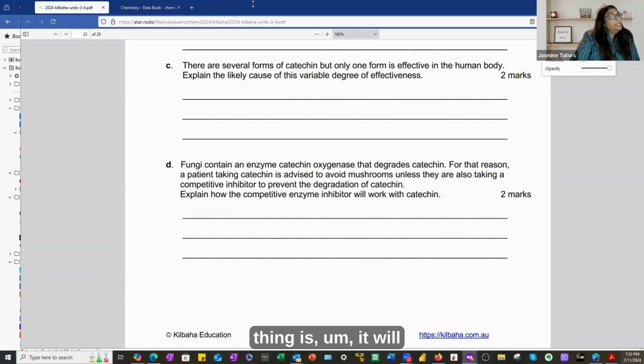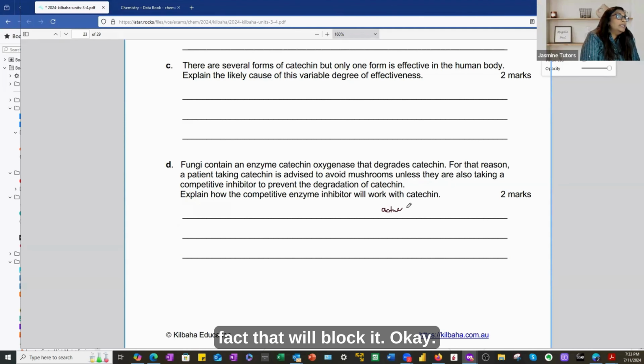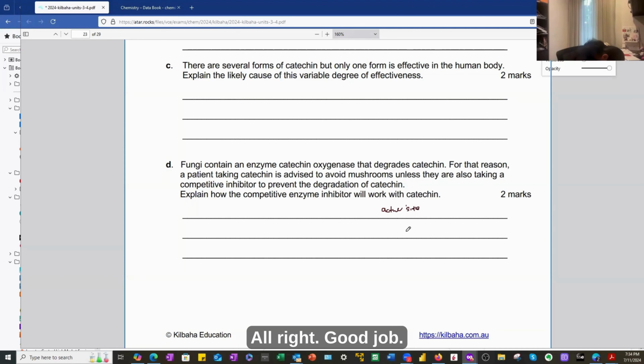The key thing is it will block the enzyme active site. You must use the words active site and the fact that it will block it. Good job.